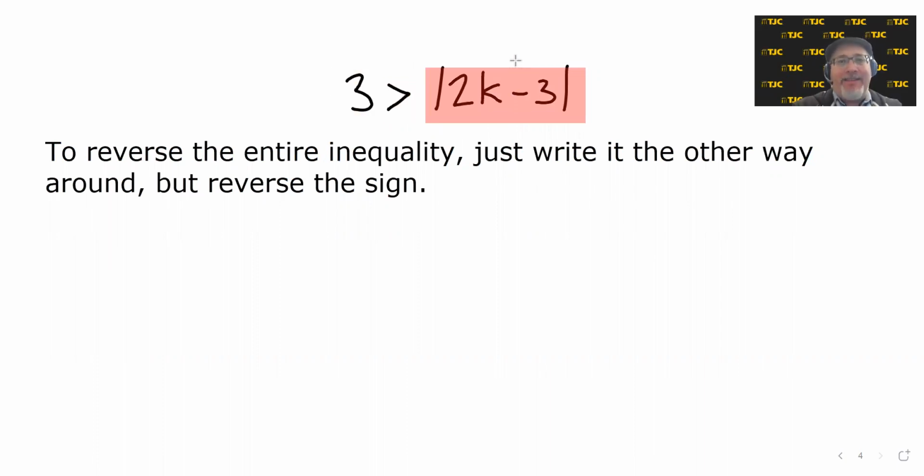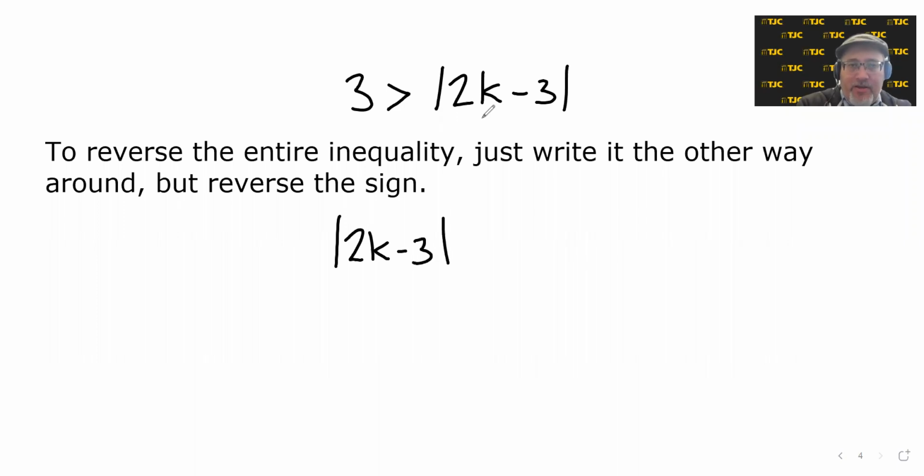So I'm going to rewrite this from right to left as a less than problem. So absolute value of 2k minus 3 is less than 3. Both say the same thing. 3 is the bigger entity, absolute value of 2k minus 3 is the lesser entity.